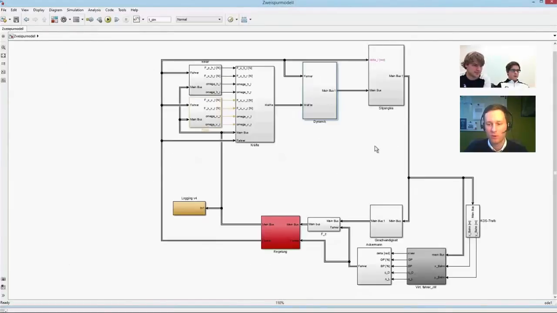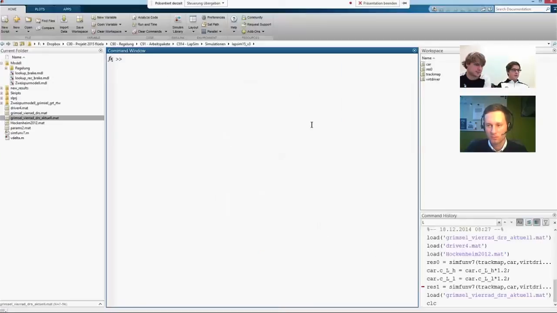So now we would like to demonstrate how this whole thing works. So we change to MATLAB. We already made a simulation with the normal Grimsel car parameters, which is this result 0.